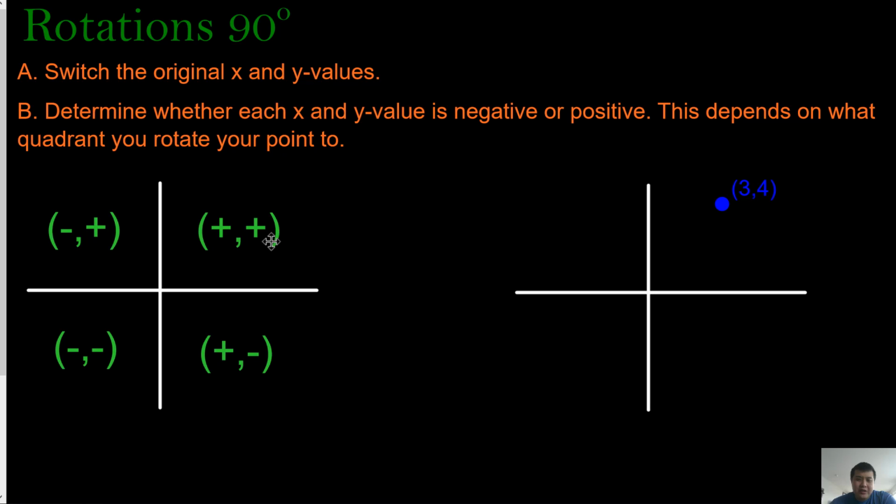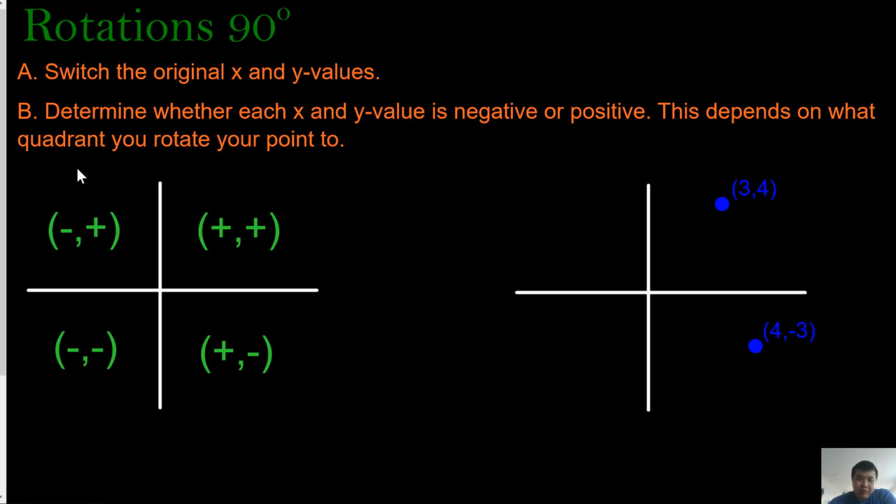So if we had something over here like 3, 4, to rotate 90 degrees to quadrant 4, what we do is switch the 3 and the 4, and then make the 3 a negative number because the y coordinate has to be negative since it's inside quadrant 4. So therefore it would be 4, negative 3, as right here.